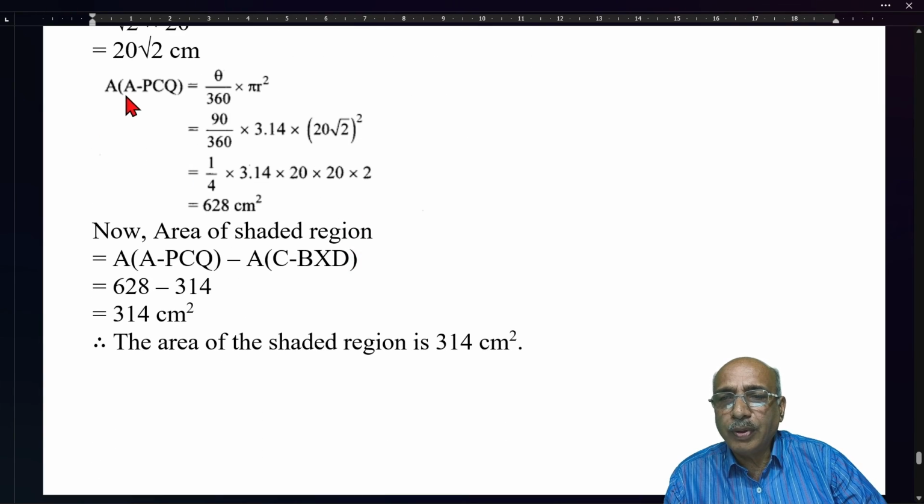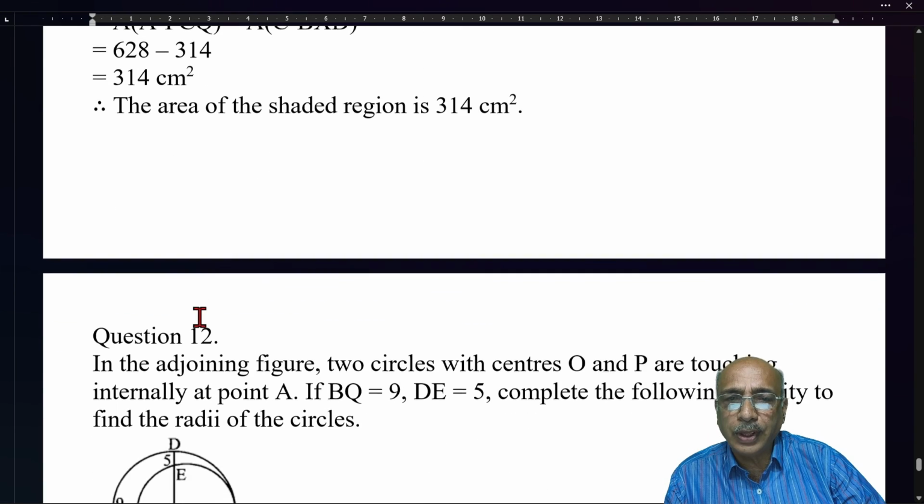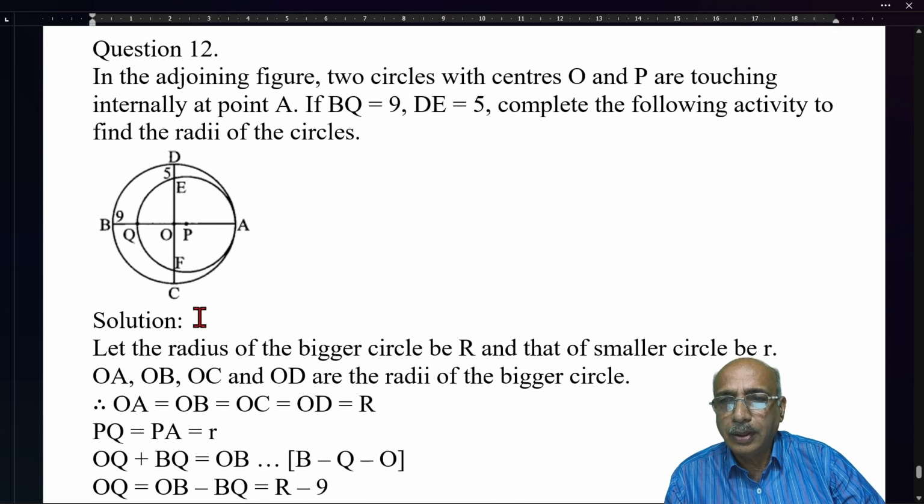Area of sector A'PCQ equals 628 after applying this formula. Now the area of the shaded region equals area of sector PCQ minus area of sector BXD equals 628 minus 314 centimeter square. Therefore, area of shaded region is 314 centimeter square.